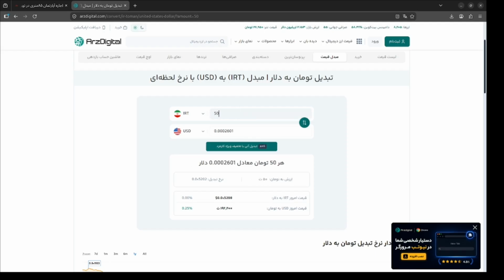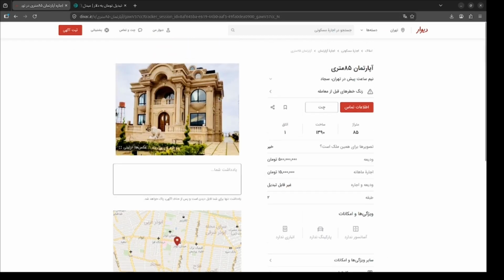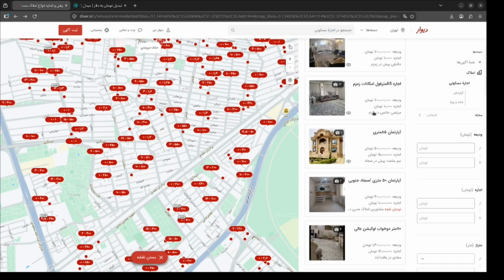It's 500 million tomans, which equals $2,600, and it requires 50 million tomans as monthly payment, so it equals $78. I think this condition is better than the previous houses.